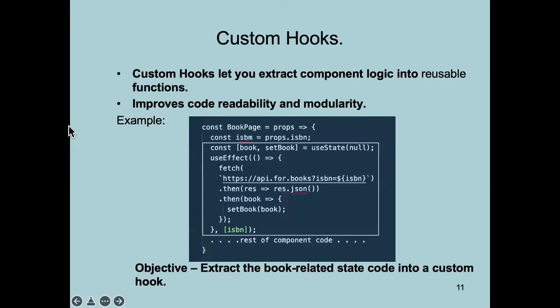So supposing we have this fictitious library management system, and there's a component called the book page, and it's fairly obvious from the component name what that component does. It displays details about a particular book, let's say. And at the moment, the way we've written it, we have a state variable, a useState hook that looks like it's going to contain a reference to the book object itself, and it allows us to change the book object.